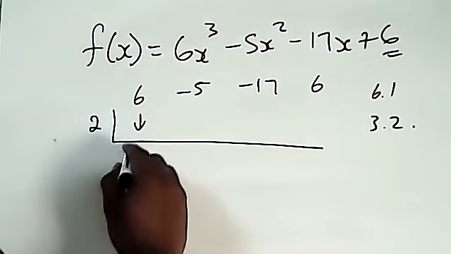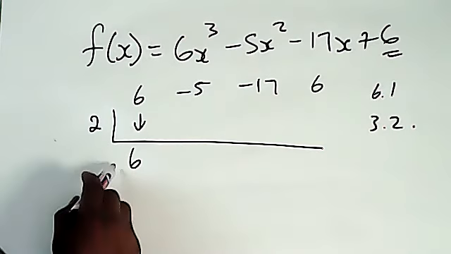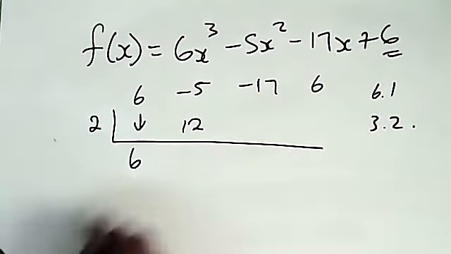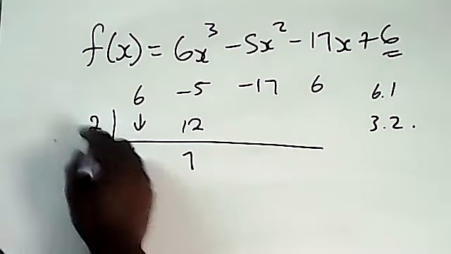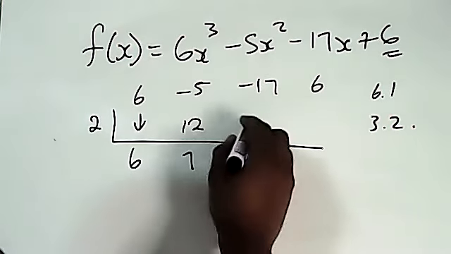So you drop the first one as it is, it's 6. So 2 multiplied by 6, that's 12. Negative 5 plus 12, that's basically the same as 12 minus 5, which is 7, right? And then 7 multiplied by 2, that's 14.